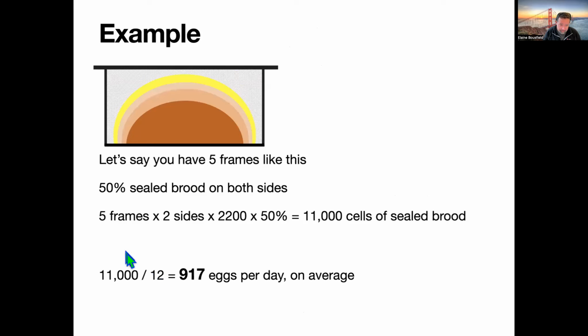So in this example, if you had about 5 frames that looked like that, that would be about 11,000 cells, and divided by 12, you're getting just over 900 eggs per day as the laying rate.